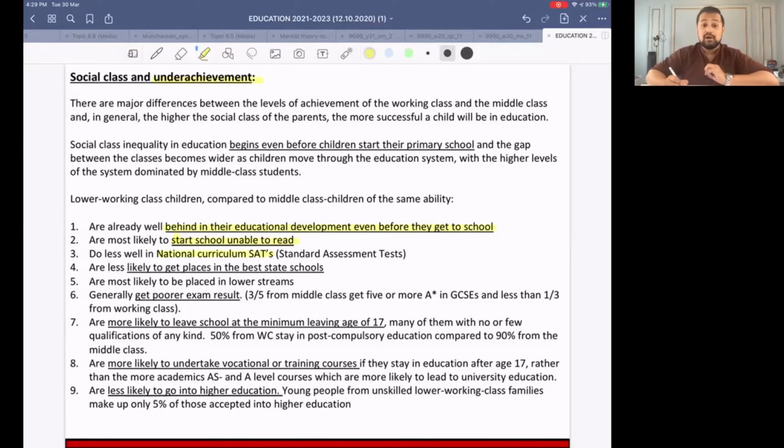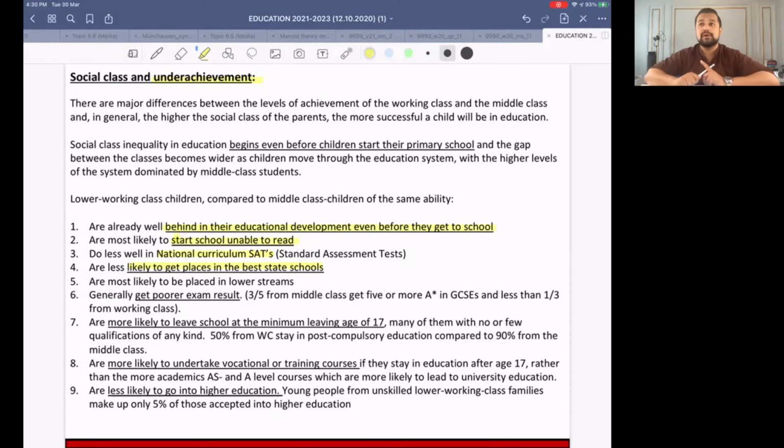Number four, they are less likely to get places in the best state schools because of their housing, because of them not being able to communicate well, because their parents are not in a position to raise an appeal.